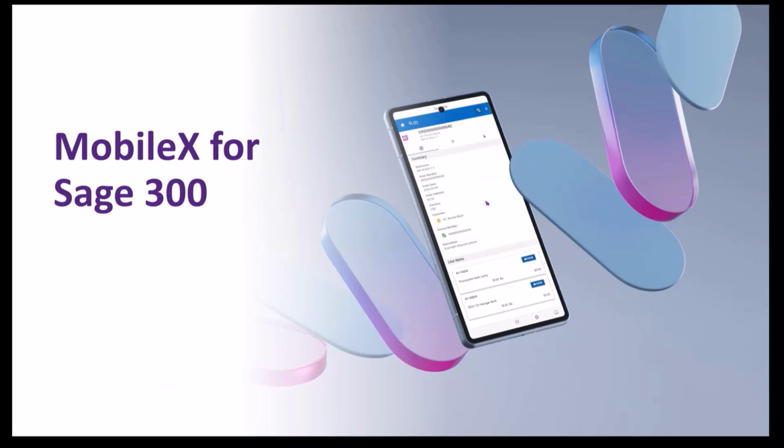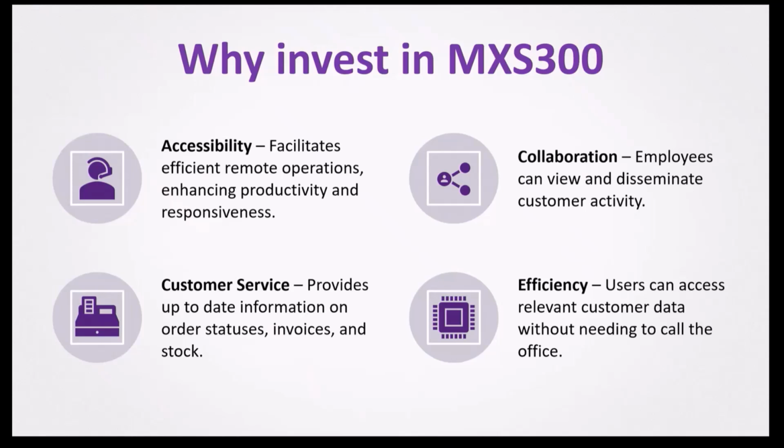And just moving on to MobileX for Sage 300, a super product with a very similar UI. So if you have staff members using both, they would have no training issues. Why you might consider investing in MobileX for Sage 300, as with all mobile solutions, is the accessibility, the opportunity to view all of the data that Mark just showed you, your Sage 300 data, on your smartphone.